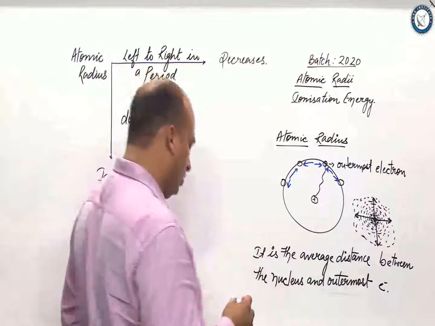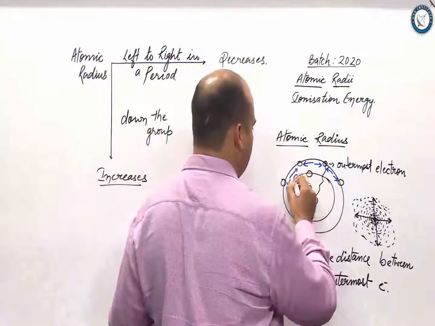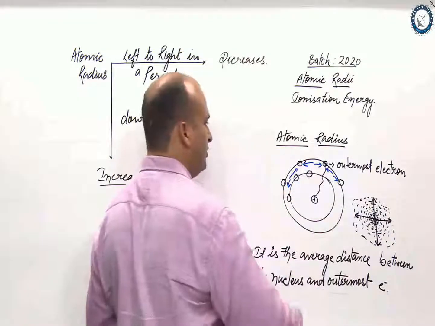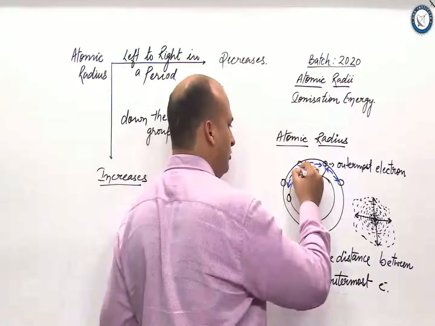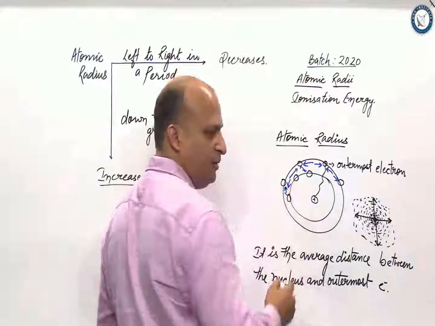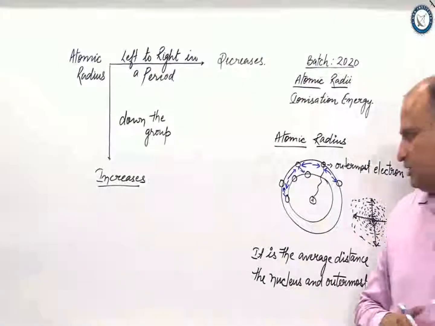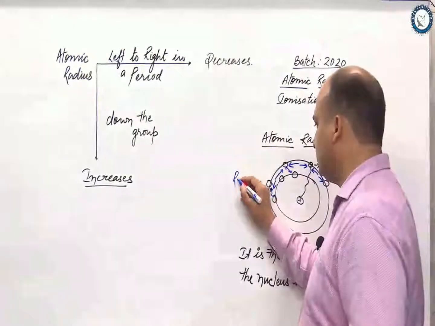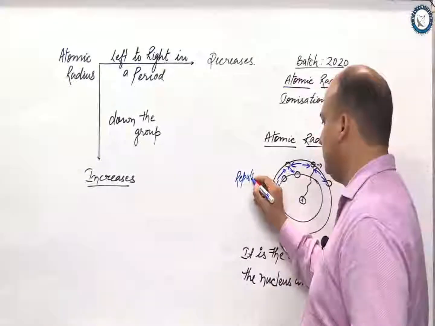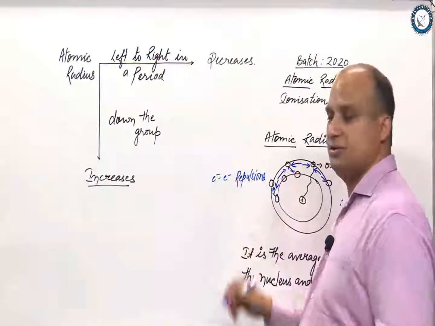And also there will be some electrons in the internal shells, so there are some repulsions over here also. So the first thing that you are seeing over here is repulsions. Which repulsions are there? You will say, sir, electron repulsions.